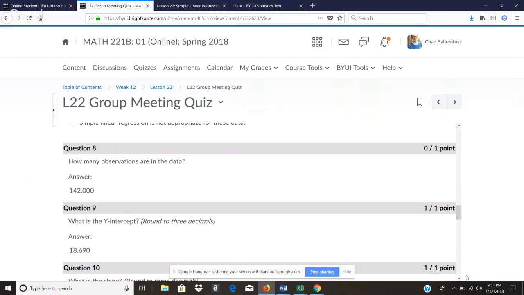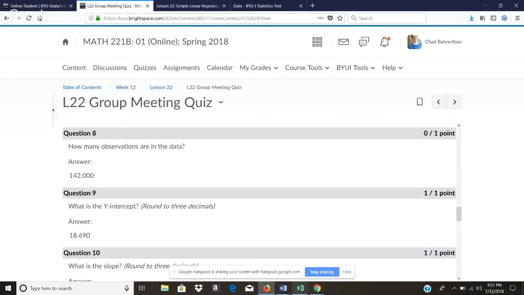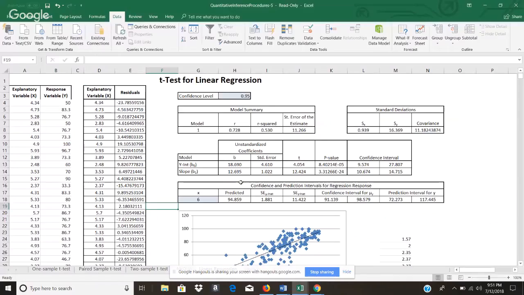Okay, so your 8, 9, what is the y-intercept? So how do you get that? You plug that data in, and the y-intercept comes up in the equation. You got that one, 18.69, there, right? Yeah.